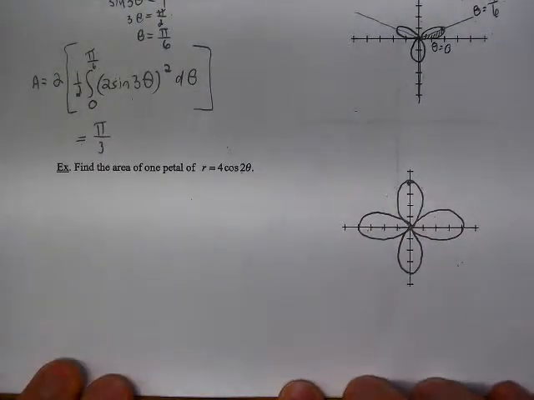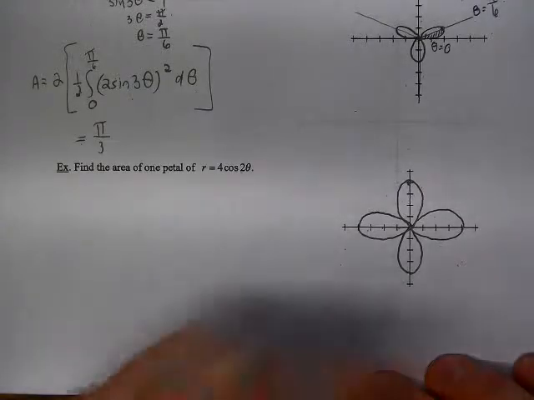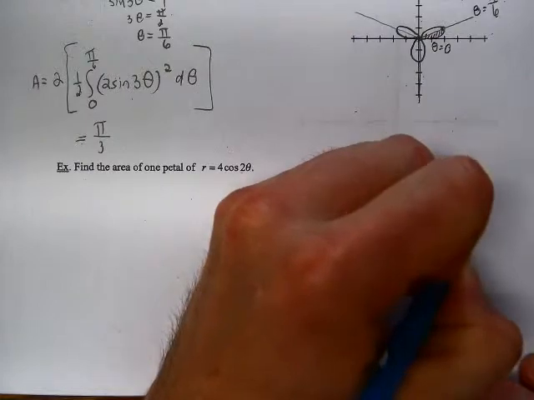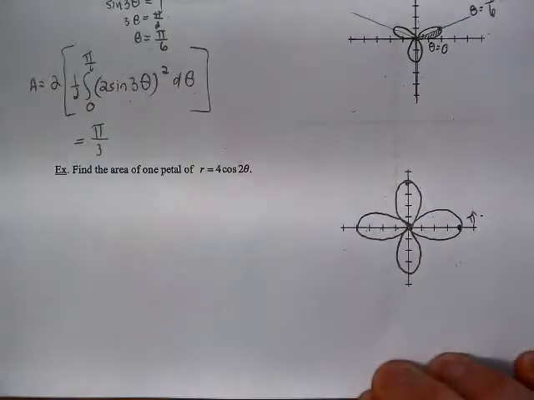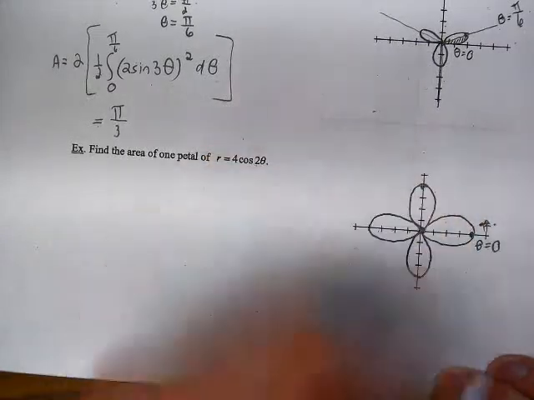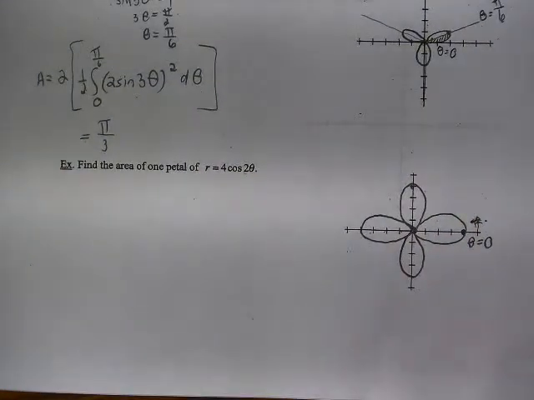So we want to find the area of one petal. In this case, I am going to start, not pi, sorry, that is theta equals 0 at r equals 4 the first time.